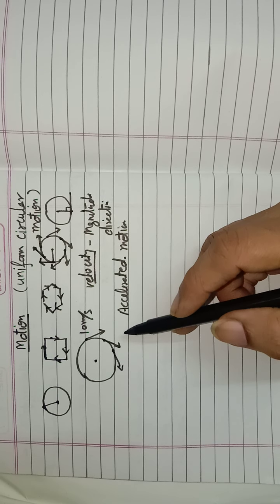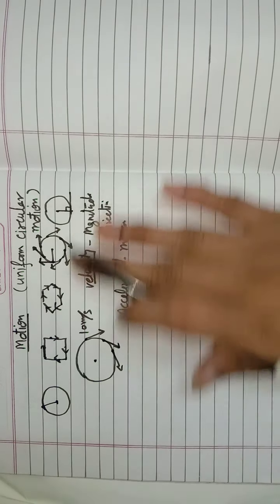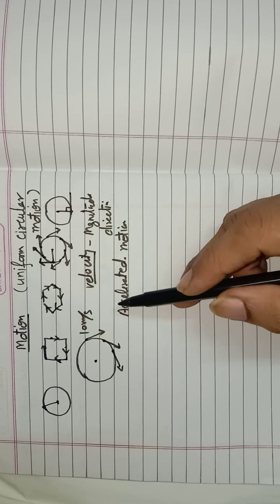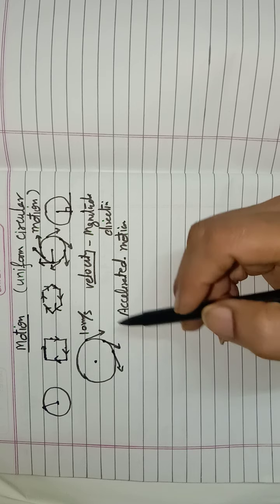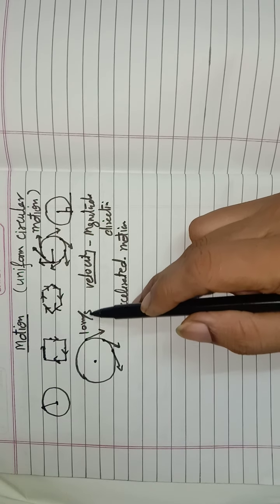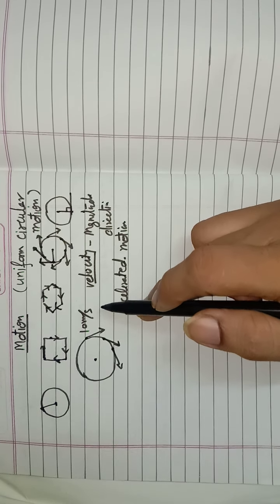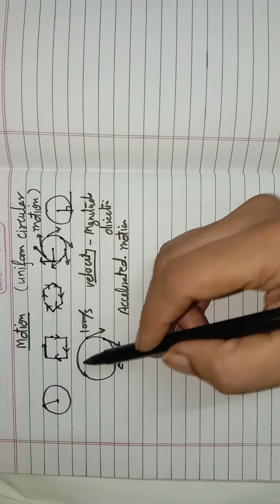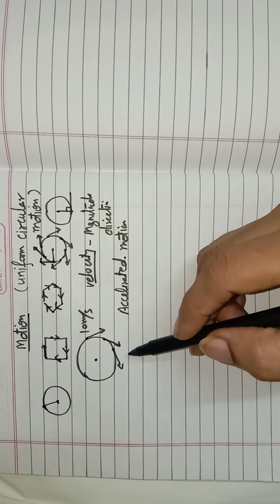Sometimes this question can be asked: why is circular motion called accelerated motion? In uniform circular motion, the speed of the body does not change but its direction continuously changes. If the direction changes, it has a non-uniform velocity, and if a body has a non-uniform velocity, its motion is accelerated.